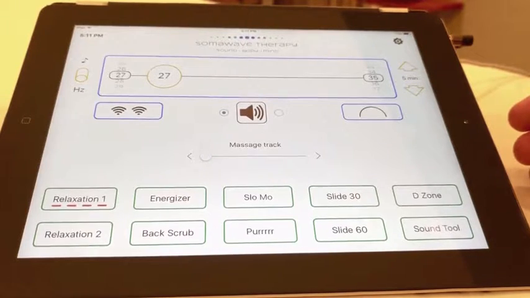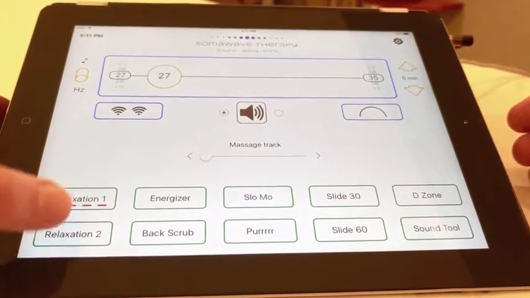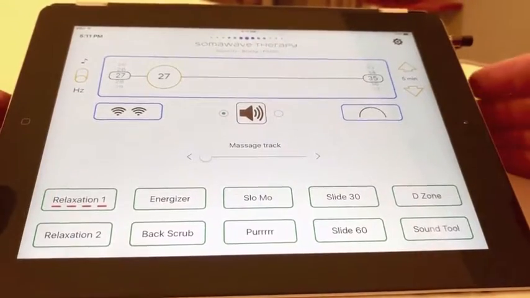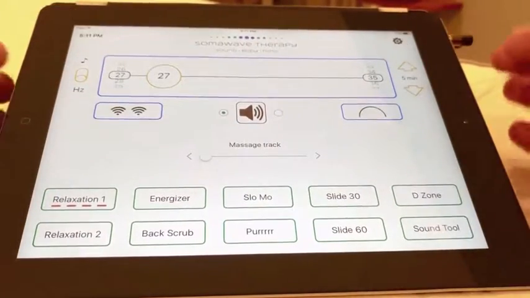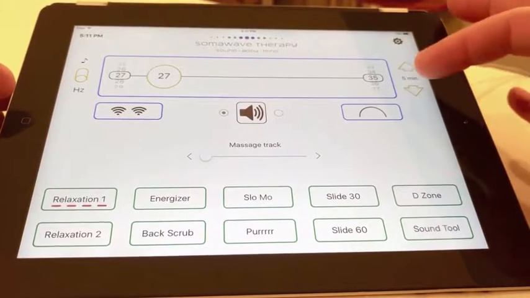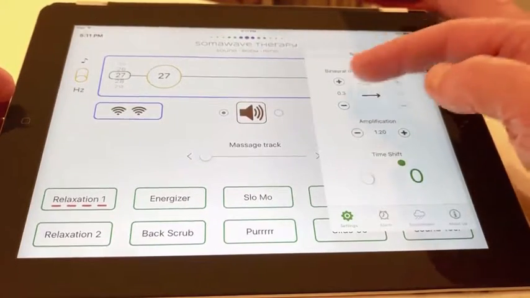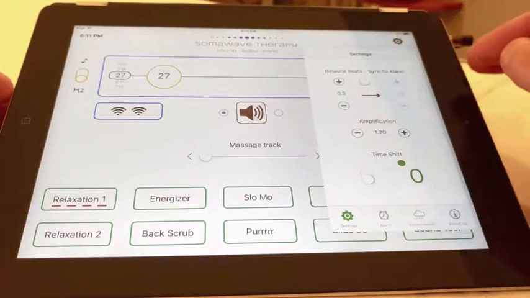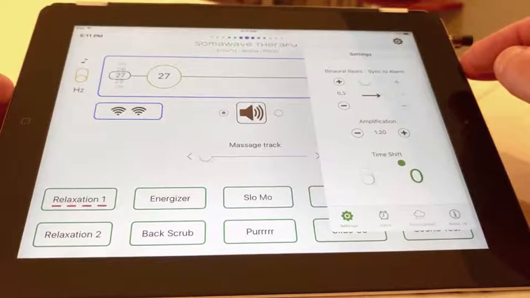So these are just two examples to quickly show you on the sweep: movement between frequencies, how fast they move between the frequencies, and again, the variables that can affect your experience.